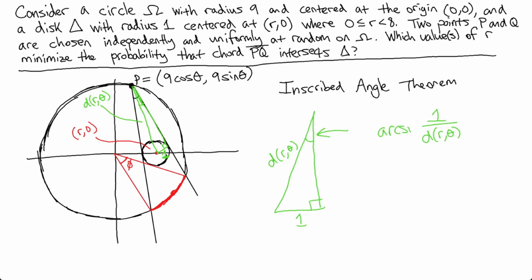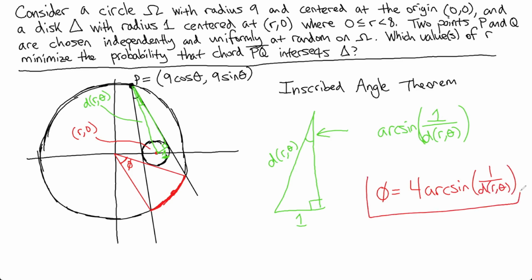And so arc sine of that quantity is the green angle we're looking for. If we double it, we get angle P, and here's angle phi. By doubling again, there we are.